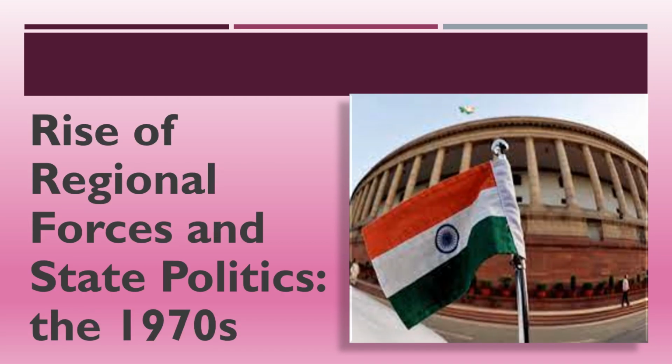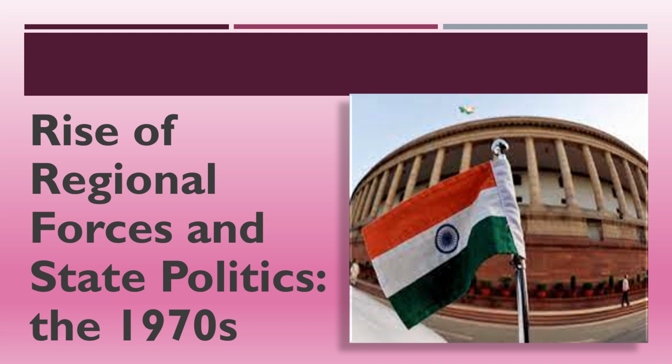Now we are going to discuss the point: rise of regional forces and state politics in the 1970s. Change in the pattern of state politics during the 1960s to 1970s took place in the backdrop of the demise of Jawaharlal Nehru, the decline of the Congress system, and the rise of Indira Gandhi, who personalized the Congress and institutions of governance.